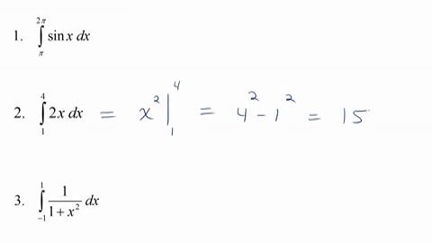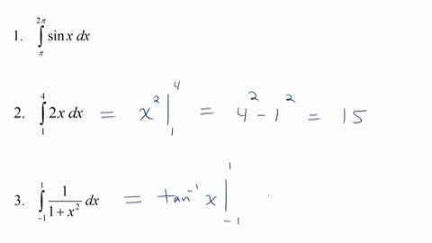And number 3, the definite integral from negative 1 to 1 of 1 over 1 plus x squared dx. Again, let's find the antiderivative of 1 over 1 plus x squared. And that would be the inverse tangent function. So we want to evaluate the arctan function of x from negative 1 to 1.